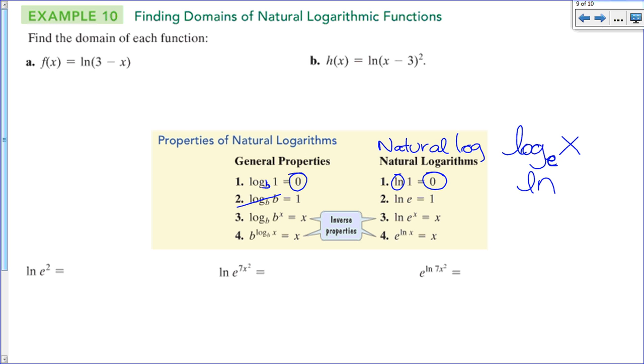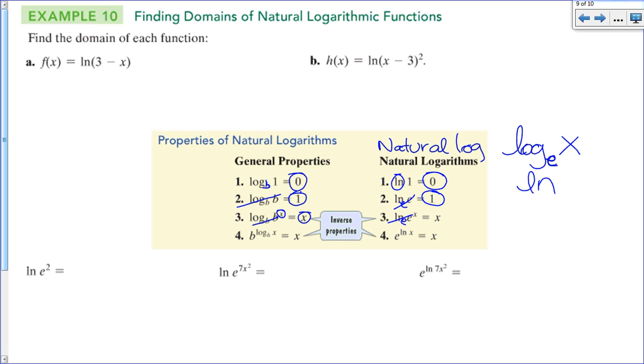Here we have the property that the log of a number of the same base is equal to 1, so the same thing for ln. In this case, if you have to visualize it, picture that base as e, that cancels out, and so that equals 1. And then we have the inverse property, so the log of b to the x base b will be x. And same thing for ln.